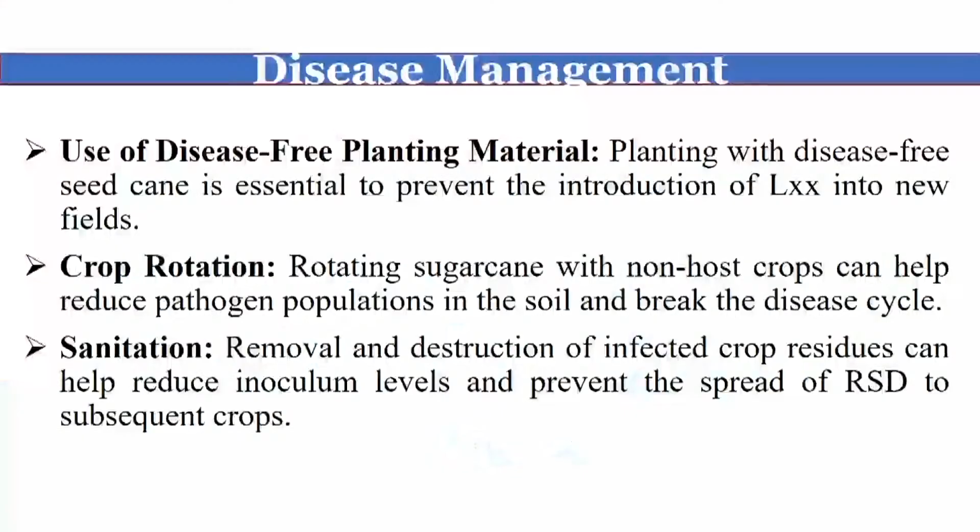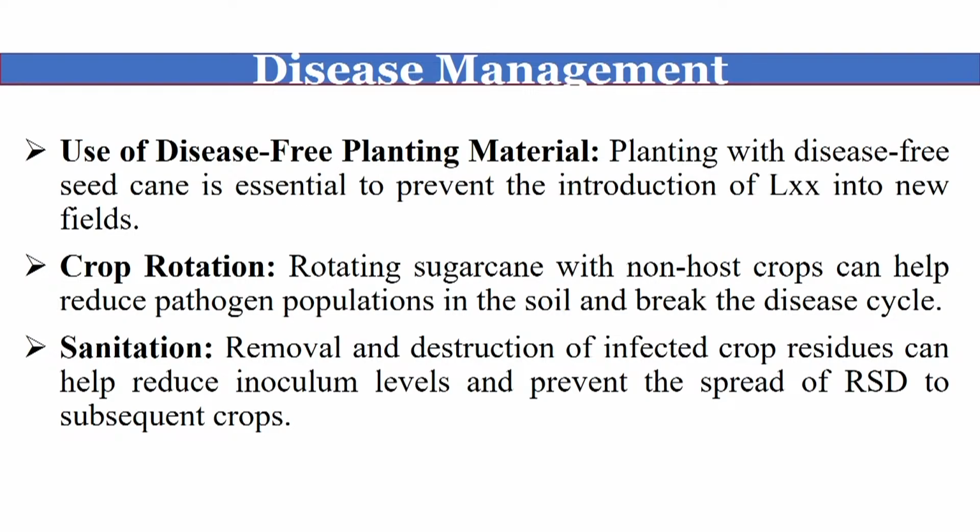And the disease management: how can you manage the RSD disease in the field, because it is another important disease. Use of disease free planting material is one of the best practices to minimize disease severity. Planting with disease free seed cane helps prevent the introduction of the disease into new fields.